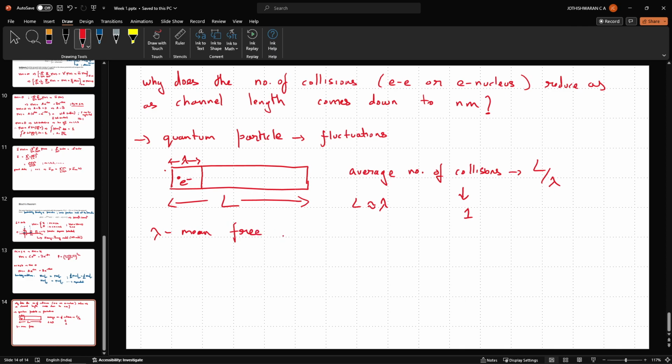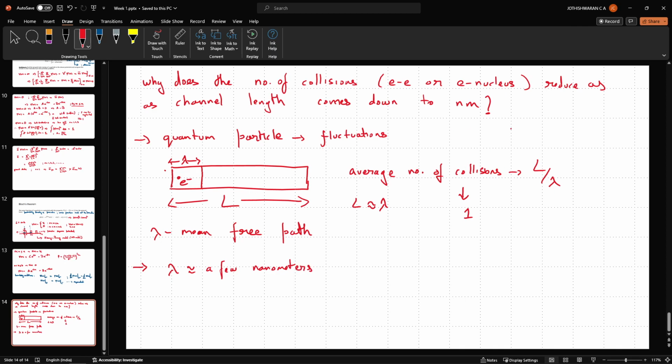There is also a classical statistical definition of the mean free path, which again is equivalent to what I defined in terms of quantum fluctuations. Classically, we have a large number of particles, so it is impossible to track each and every one of them. So again, we have to come into a statistical picture, and after that, everything else that I've defined is more or less the same. This lambda is usually of the order of a few nanometers for an electron.